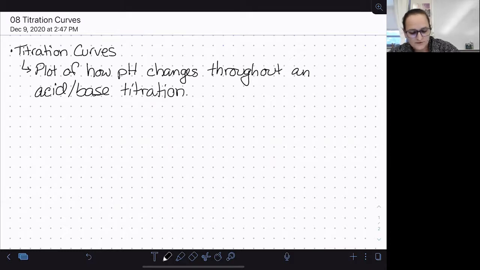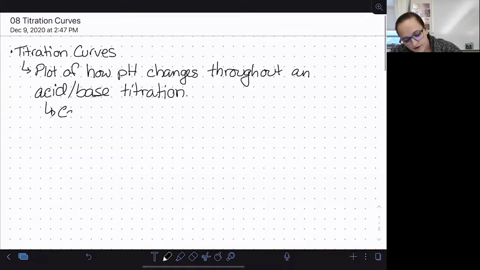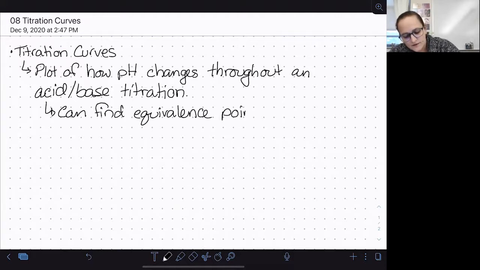There are other types of titrations that we can do. But if we're doing an acid-base neutralization reaction in our titration, monitoring the pH is a great way to keep track of what is going on. So we can find our equivalence point on the graph instead of relying on a pH indicator.